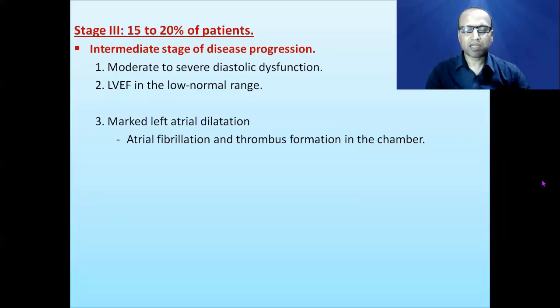Atrial fibrillation can occur, and there is stagnation of blood, and that leads to thrombus formation. Because stagnation of blood is one of the three elements of Virchow's triad, thrombus formation can occur in a dilated atrium which has atrial fibrillation.